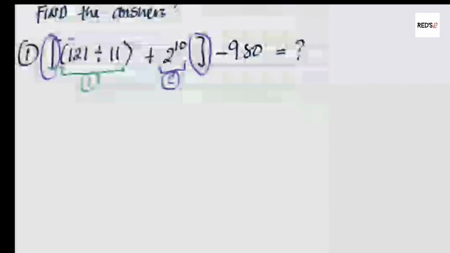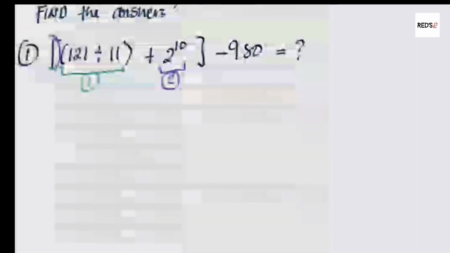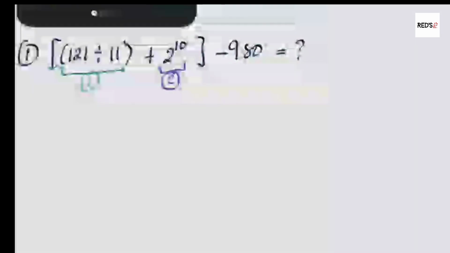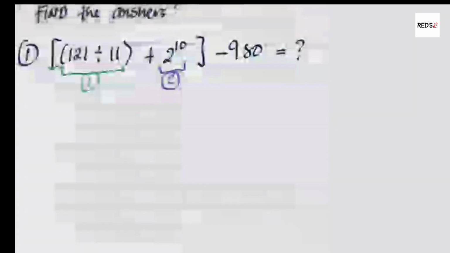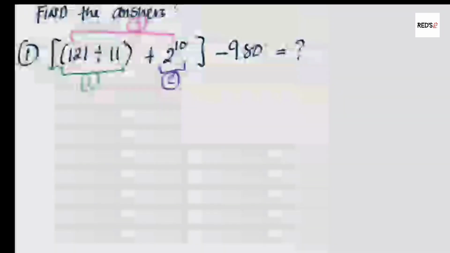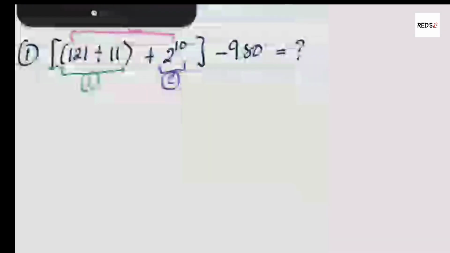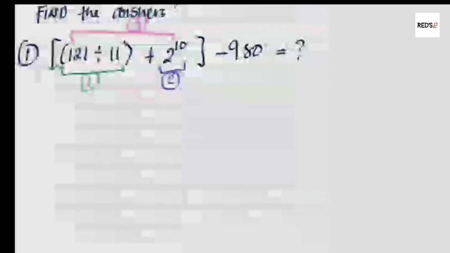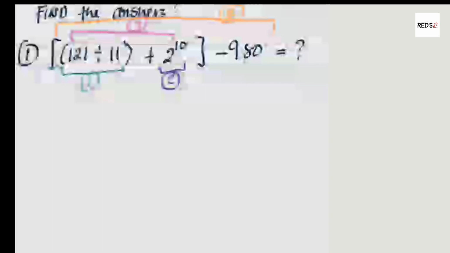So the next will be the operation addition. So the next step will be the third one here, adding the answers from number 1 and 2. And then lastly, getting the answer for step 3, we will be doing step 4 here.